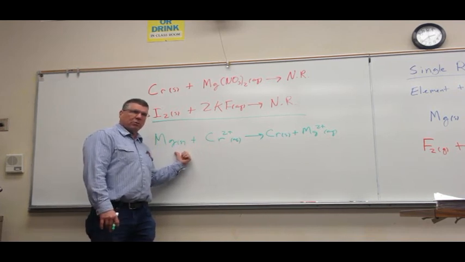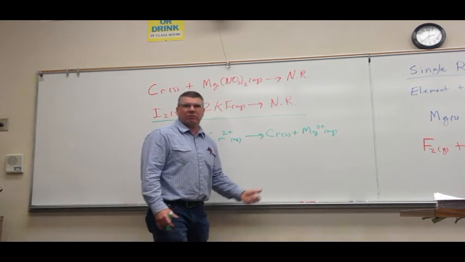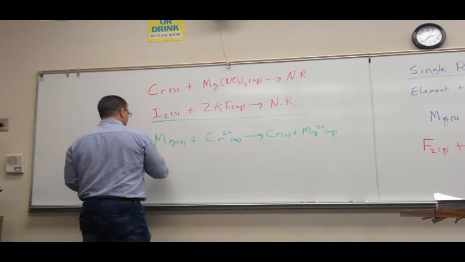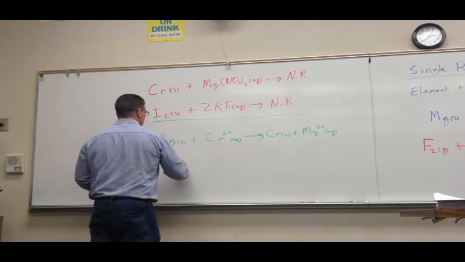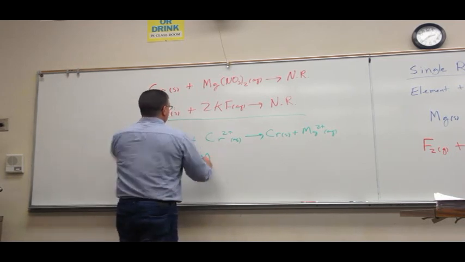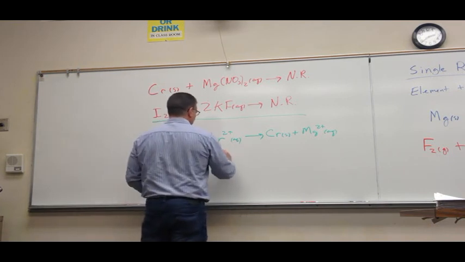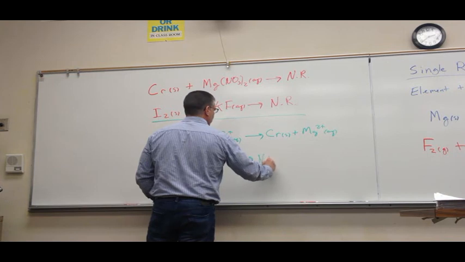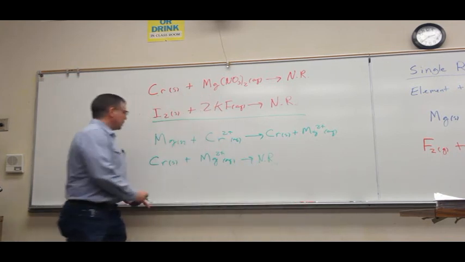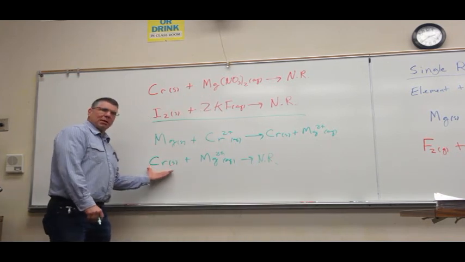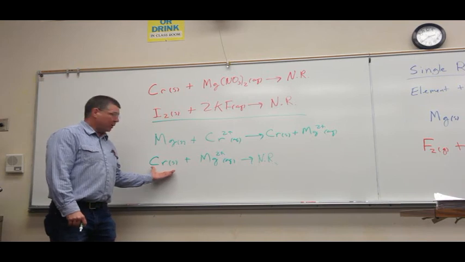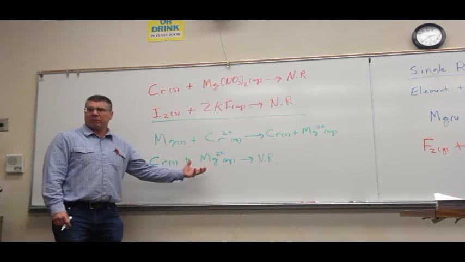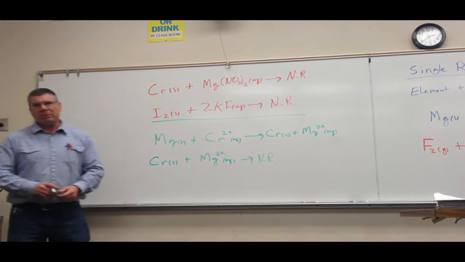If this is more stable with the electrons than this is, this reaction won't occur. Which is why, when you try to write it the other way, the net ionic equation, if it were to occur, it doesn't happen because chromium is more stable with those electrons than magnesium would be. So it doesn't release the electrons. You guys buy that? Does it make sense?